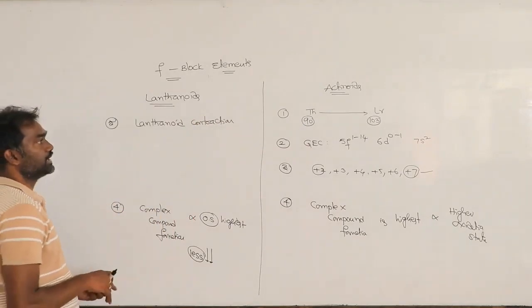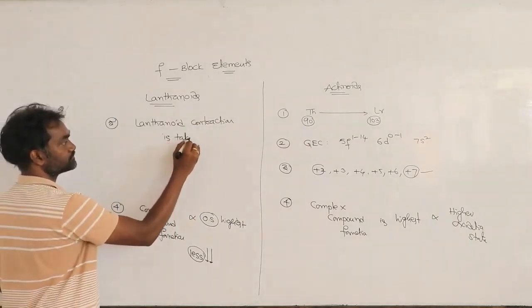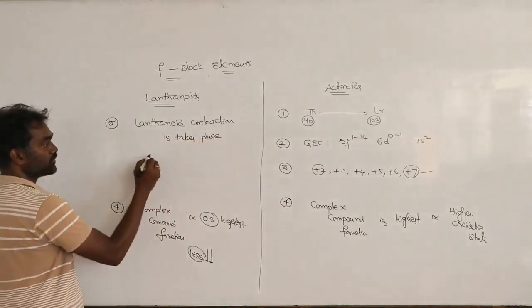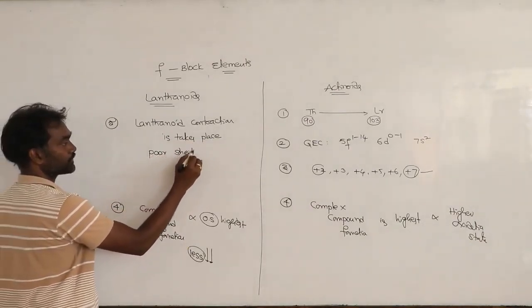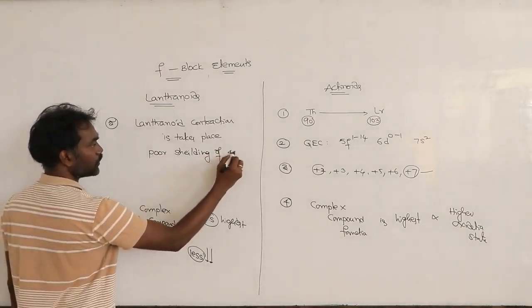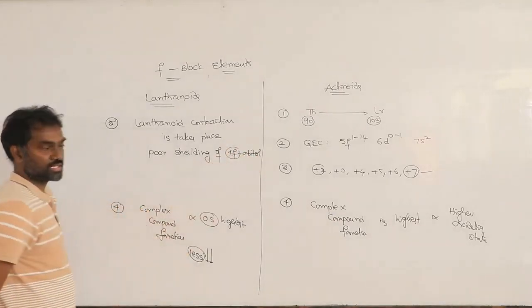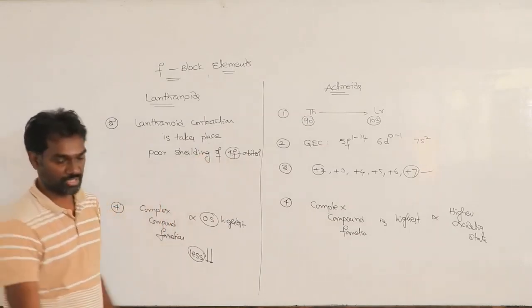Lanthanide contraction takes place because of poor shielding of 4f orbital. If they ask for a one word answer, simply write poor shielding of 4f orbital.